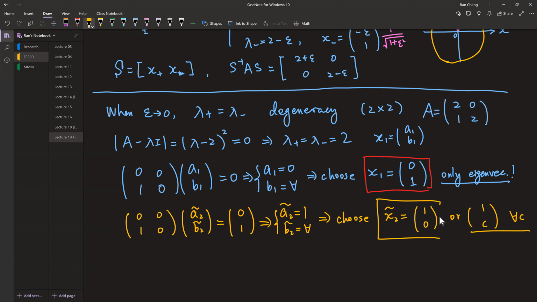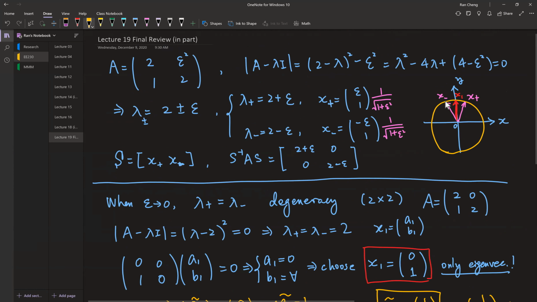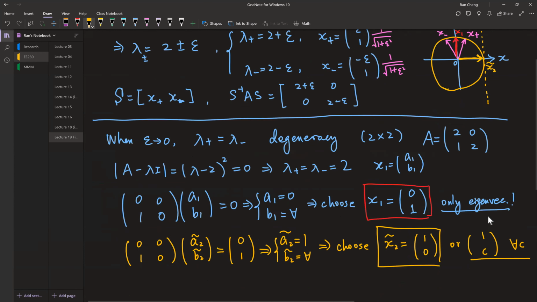So now this is 1, 0. Once x plus and x minus continuously fold towards x1, then right at this point, a new generalized eigenvector, which is x2 tutor, pops up. It points to be here after normalization, right? But actually, it can be anything, because we can choose an arbitrary c.